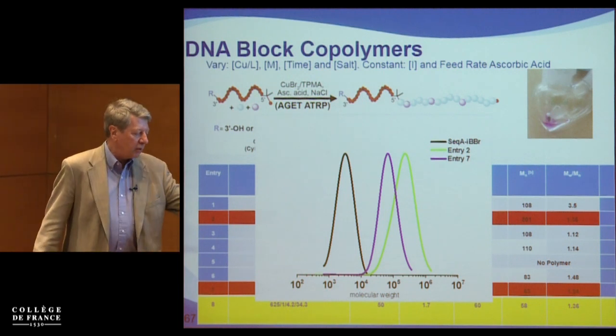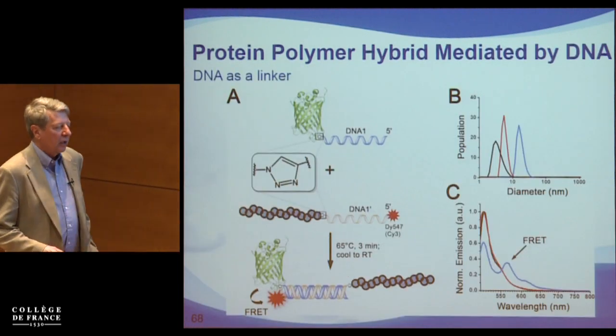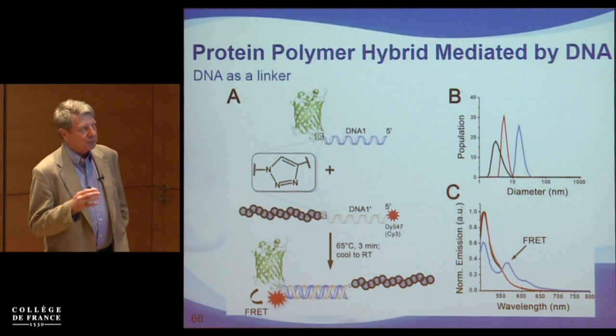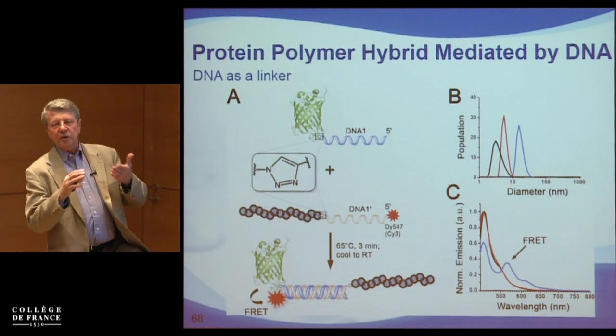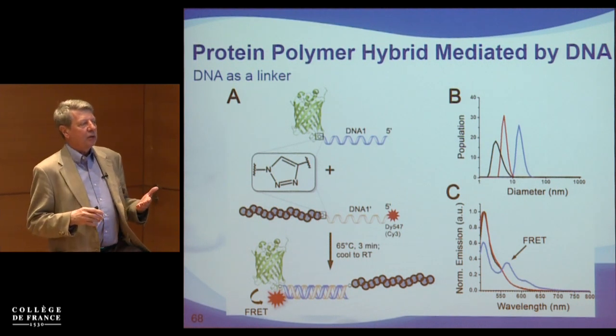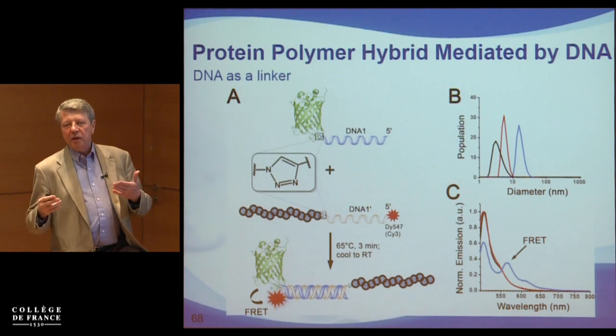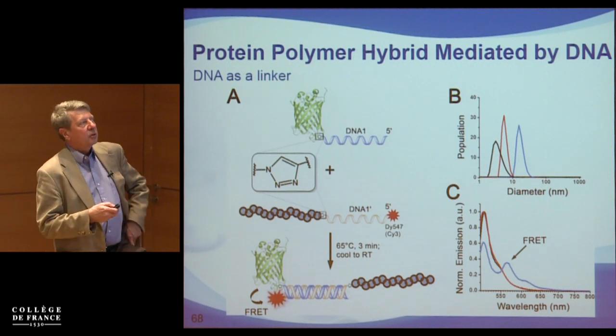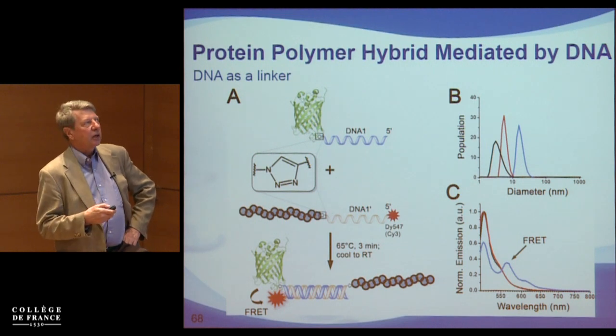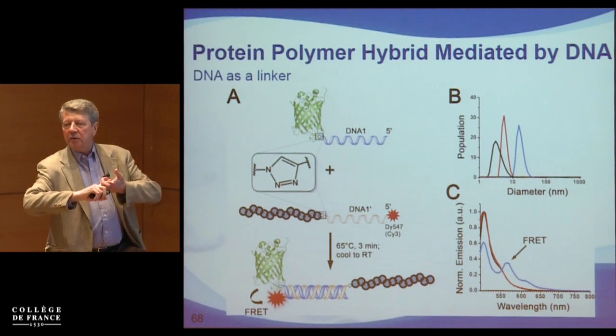But one system which I wanted to show you is in fact the conjugate between the polymer and protein through the DNA. So in that case, by clicking this protein, this is a green fluorescent protein, with one type of DNA, we get the conjugate, and then we make another polymer with a complementary DNA, which can connect one to another.